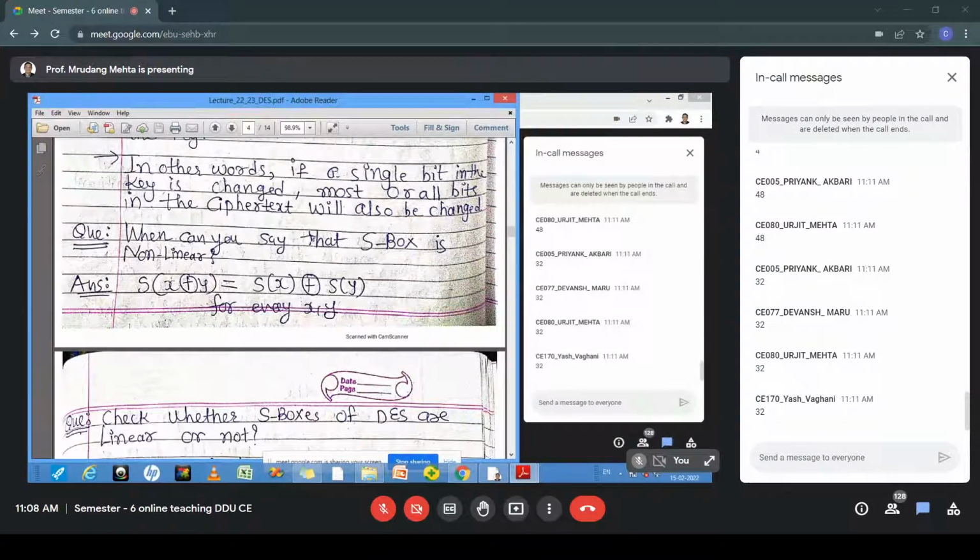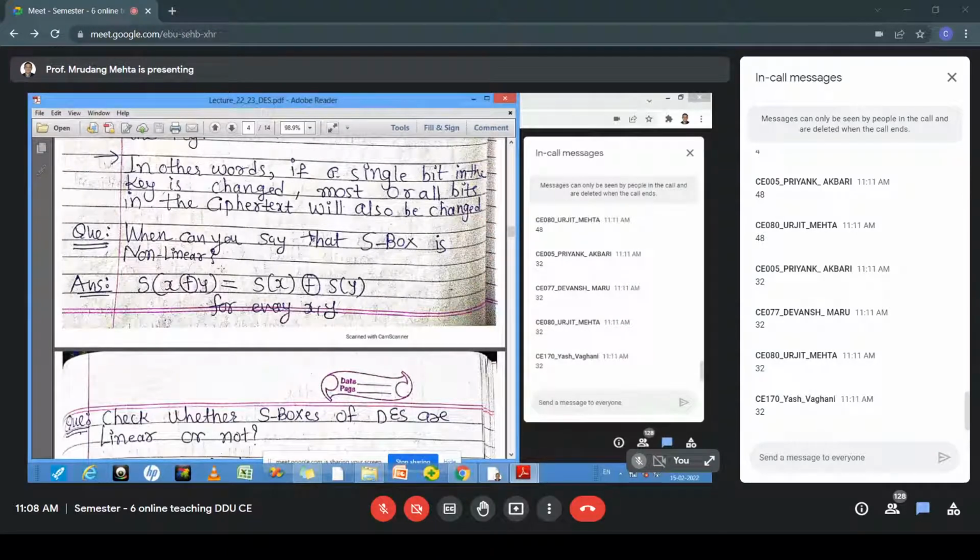For that, we have this relationship: S(X XOR Y). If S(X XOR Y) equals S(X) XOR S(Y) for every X, Y, then we can say it is linear.